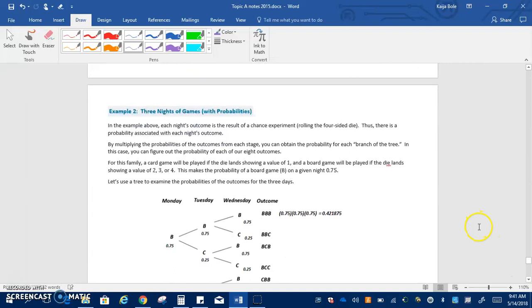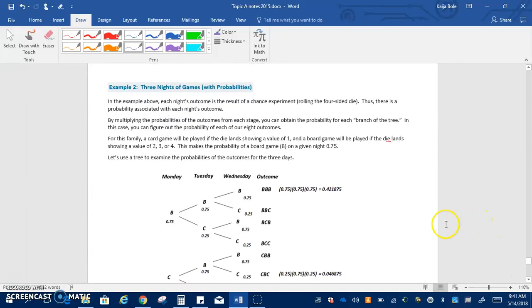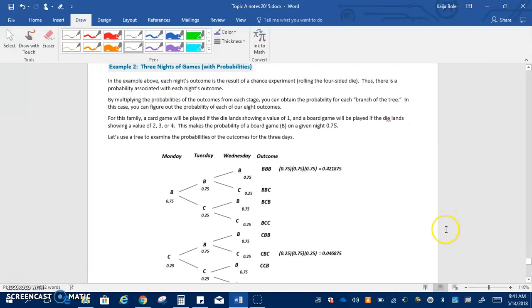If you flip to the next page, this is where we really get into what the point of the video is. So they gave us this tree diagram with probabilities. So it says, in the example above, each night's outcome is the result of a chance experiment rolling the 4-sided die. Thus, there is a probability associated with each night's outcome. By multiplying the probabilities of the outcomes from each stage, you can obtain the probability for each branch of the tree.